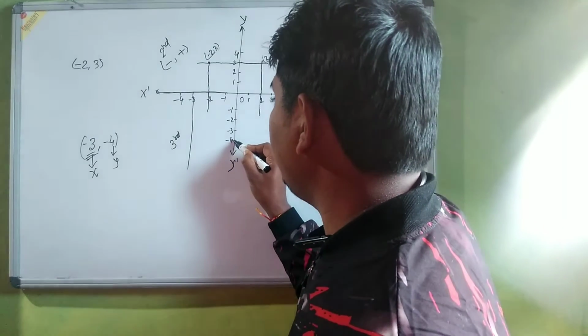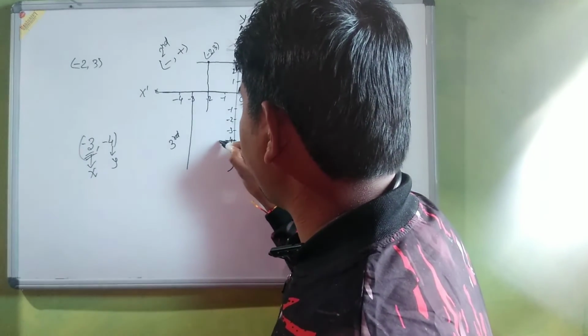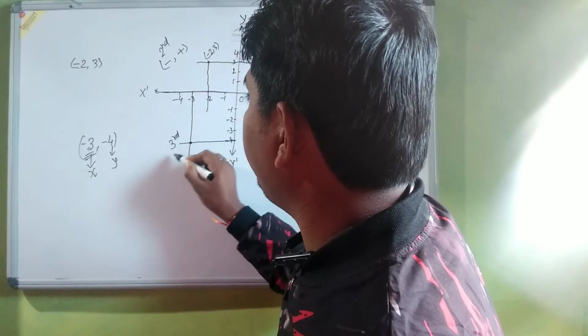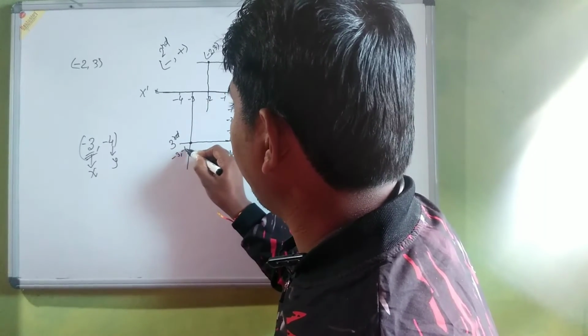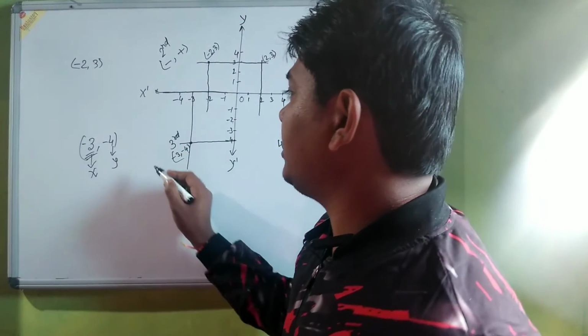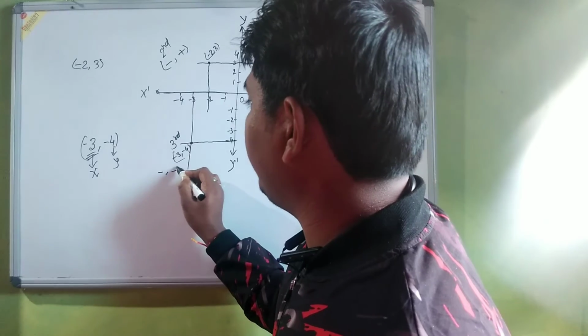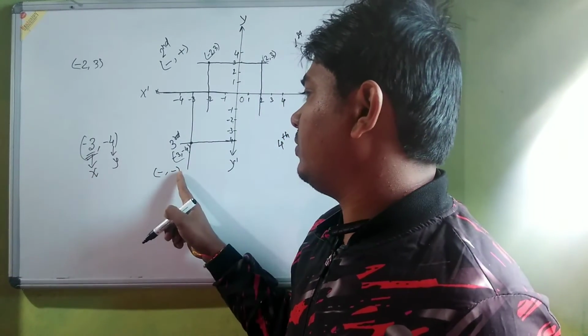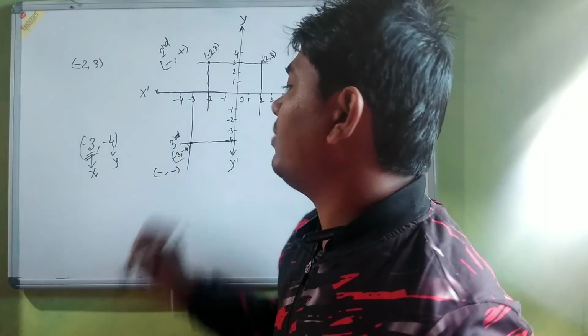Here we have -4. Now it will intersect at a point here. This is the required point (-3, -4). This is in the third quadrant. So what does the third quadrant have? Minus and minus signs. That means the first minus sign denotes x, and again the minus sign denotes y.